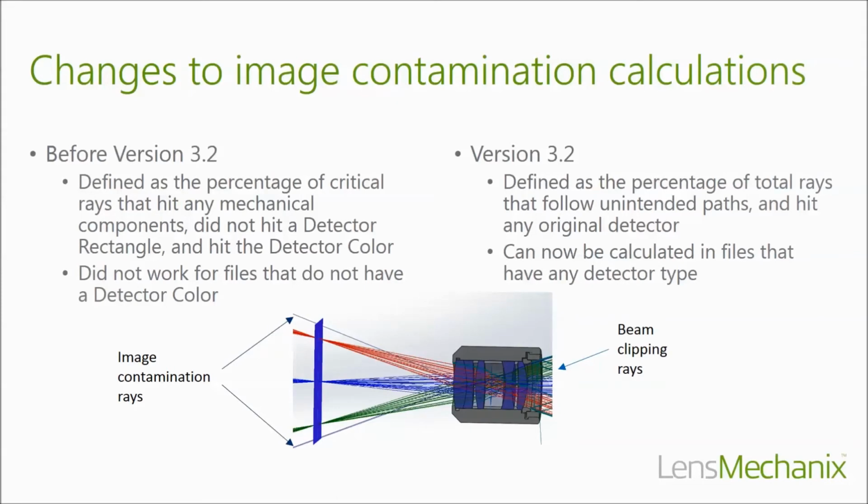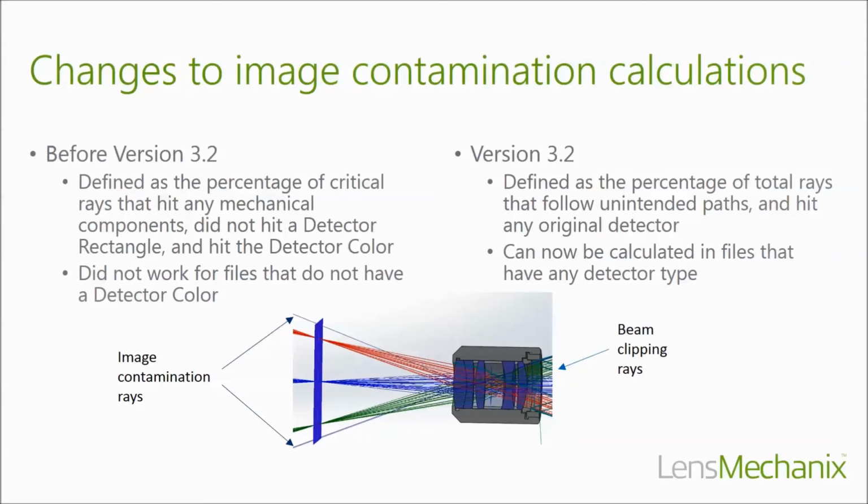But if you add a custom detector, those aren't going to be accounted for in your image contamination calculations. Those are two important distinctions. With those changes, you can now calculate it with any detector type.